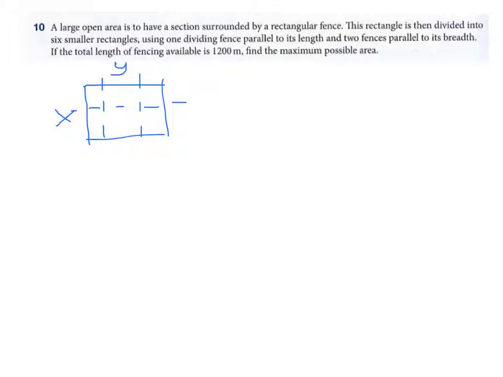So we have 4x, that is the 4 lengths, plus the 3 breadths running from the top here, the middle, and the bottom. So we have 3y. And this is going to be equal to the total, which of course is 1200.